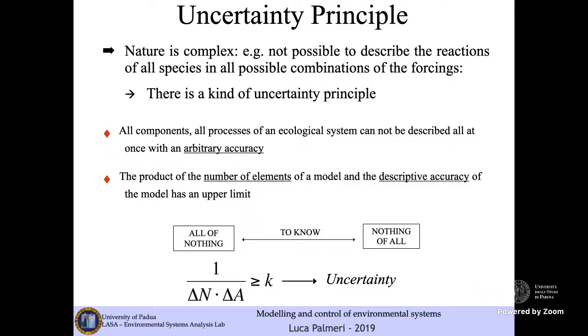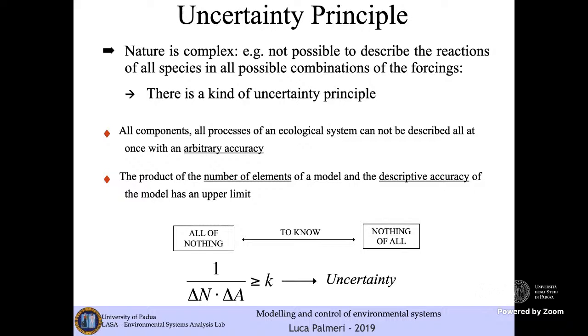Okay, we said that living systems are natural systems, and nature, we said, is complex. We already saw a kind of uncertainty principle by saying that it is not possible to describe the reactions of all species in all possible combinations of the forcings.